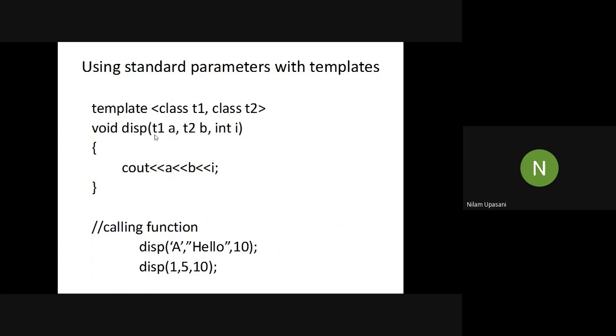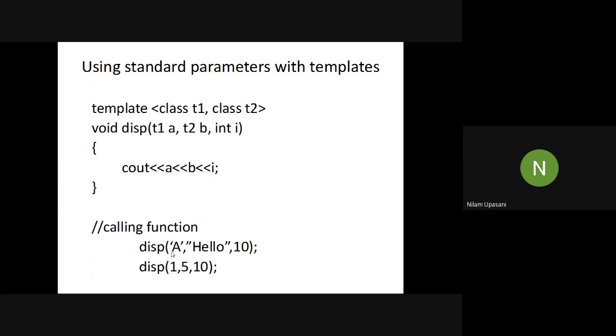Okay, so in that case, I can say T1, T2, whereas third parameter is always integer. So why take generic type here? Not required. I'll simply say integer. And then I display all these variables. So this type of combination is possible. So while calling this function, we have to take care that the third parameter should always be of type integer. First two parameters can be of any type.